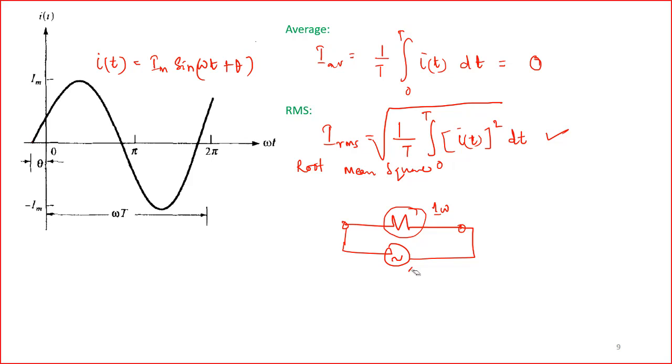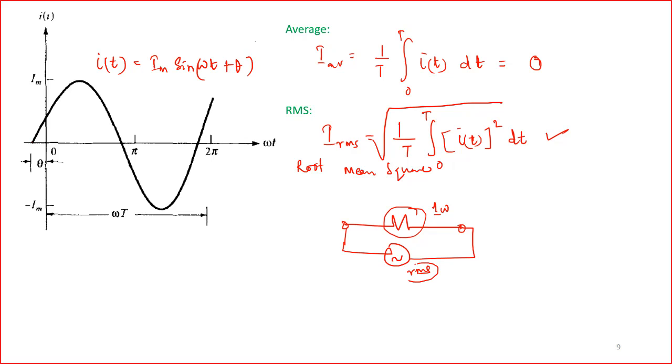Now if I replace this DC source with an AC source, the AC source which will produce this 1 watt of heat in this resistance is known as the RMS value of this AC source.